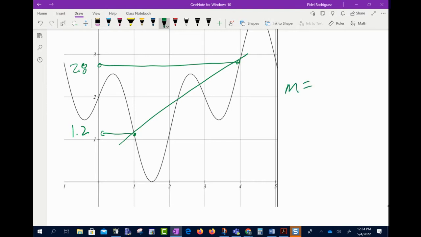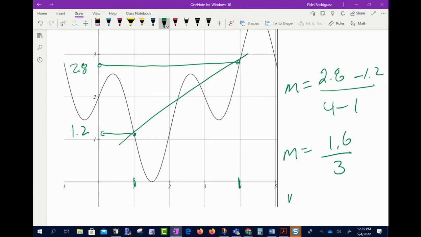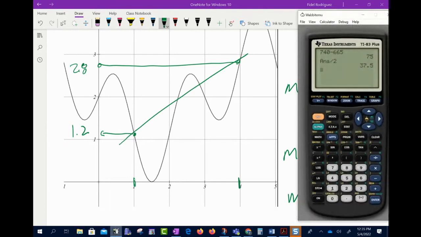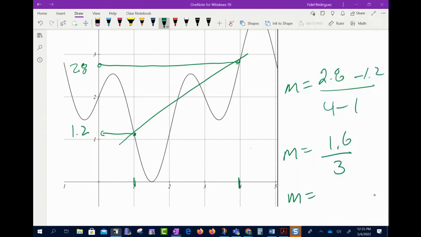So we're just going to say, let's take 2.8 minus 1.2 over a distance from 4 minus 1. Okay. So 2.8 minus 1.2 should be something like 1.6 divided by 3. Okay. And again, if I take my calculator and say, what's 1.6 divided by 3, I'm coming up with 0.533.